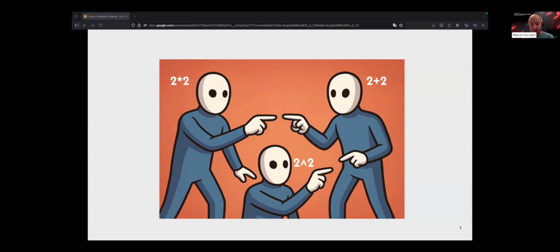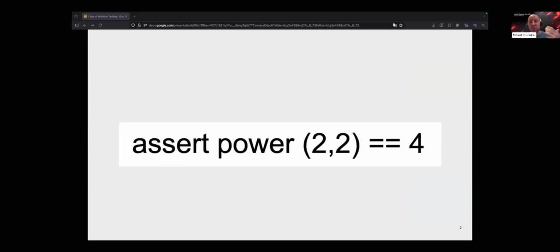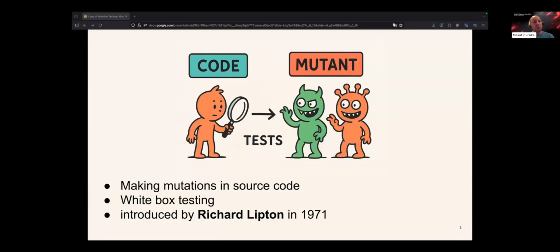So this test would pass for all these cases. But our expected function is just doing the power operation. So what mutation testing does is make mutations in the source code, like changing the operation, and see if the test is still passing or not.